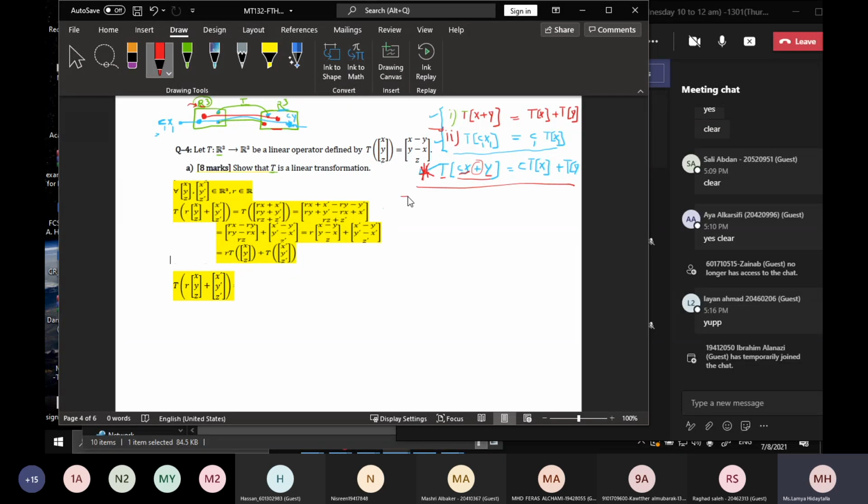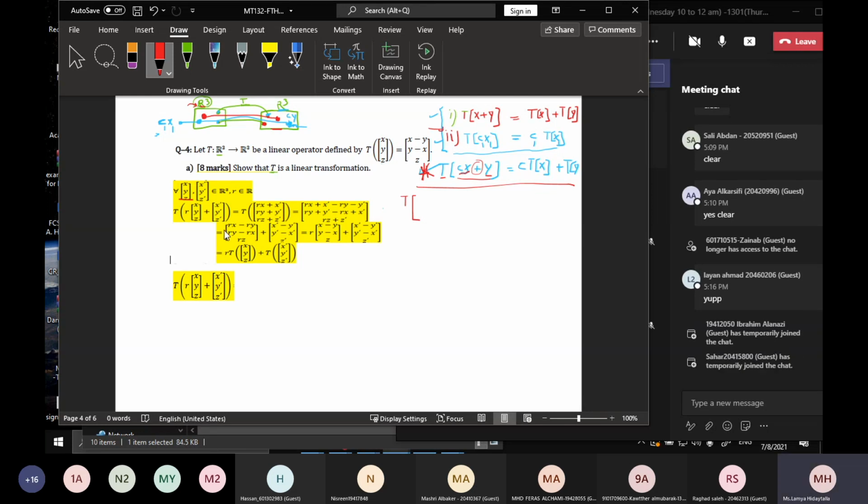So we need the transformation of the first vector x, y, z multiplied by c, so c multiplied by the vector x, y, z, plus the second vector, which is x dash, y dash, z dash.